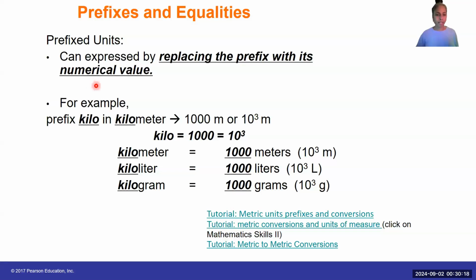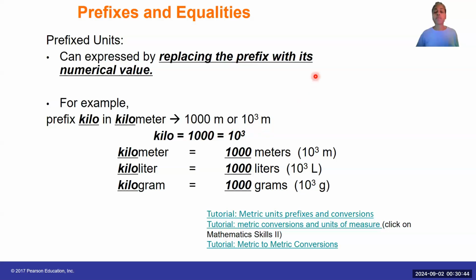So what do I mean by that? For example, we have the little word kilo in the big word kilometer. Well, kilo equals 1,000 or 10 to the 3. So when I say kilometer, that means I have 1,000 meters or 10 to the 3 meters.